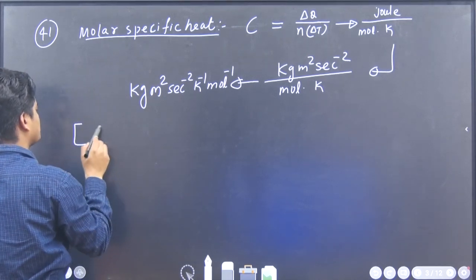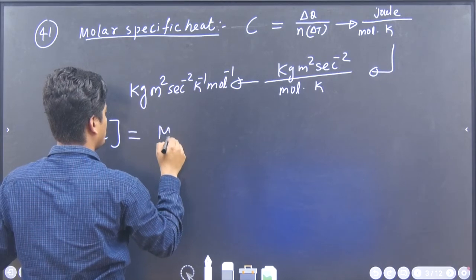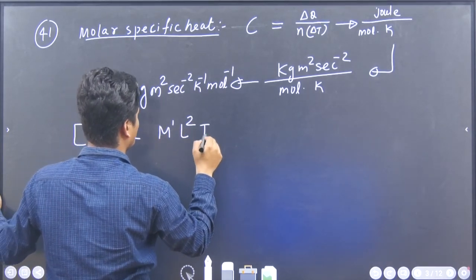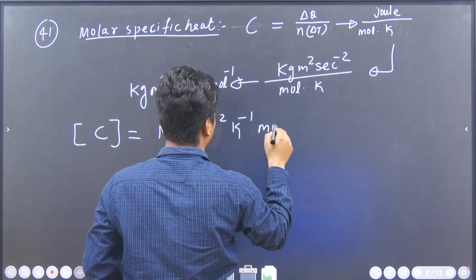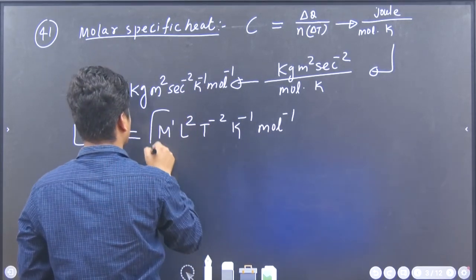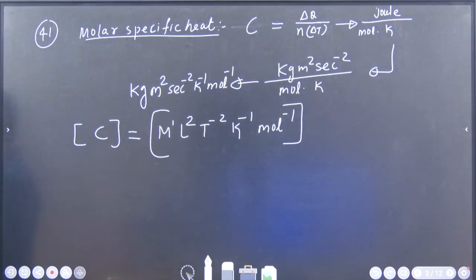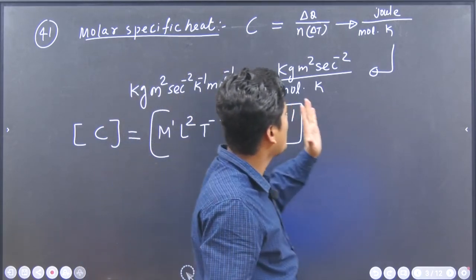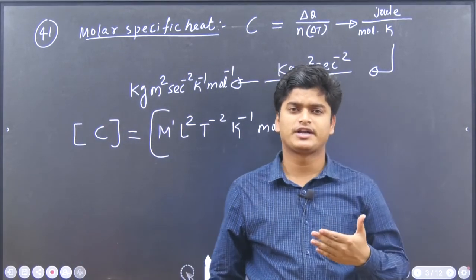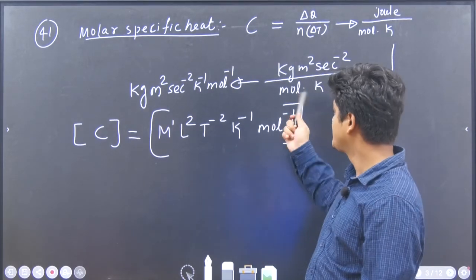Or the dimension of molar specific heat will be M to the power 1, L to the power 2, T to the power minus 2, K to the power minus 1, mole to the power minus 1. So this will be the dimension of molar specific heat. I hope you are understanding. So simple formula: whenever you say molar specific heat, you need to include the unit mole.